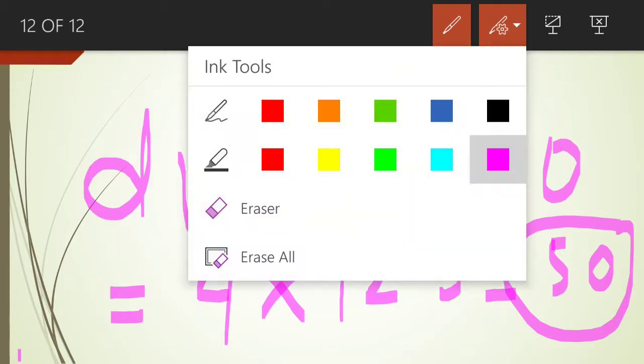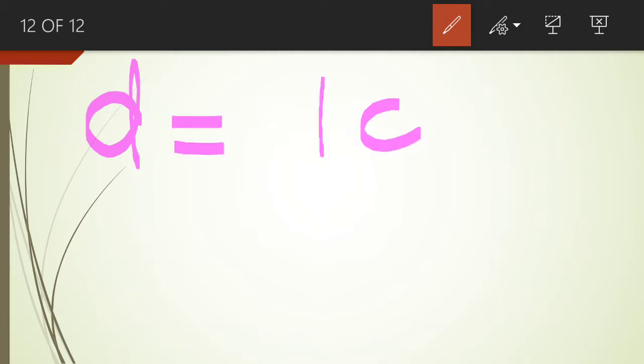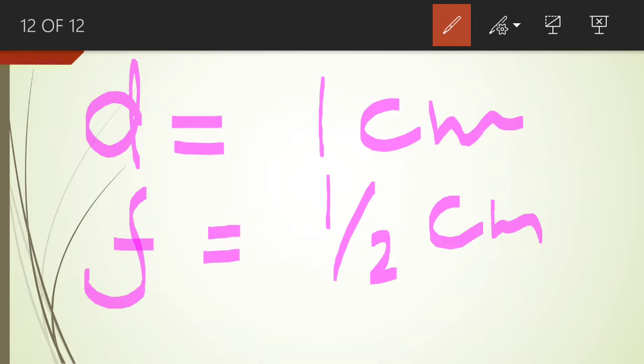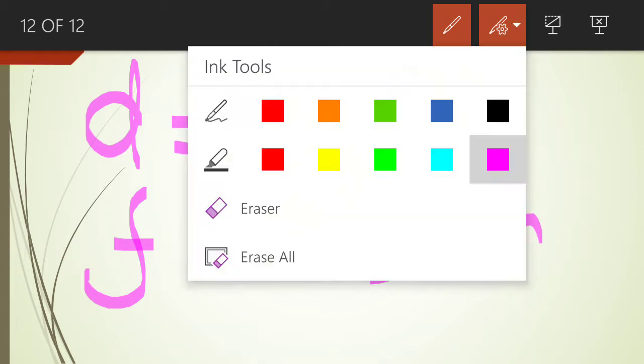So what we do, another numerical example now. So let us consider another numerical example. Let's say the diameter of the photodetector is 1 centimeter. This is the diameter of the photodetector, and the focal length of the spherical lens is 1 by 2 centimeter. Okay. So we calculate tangent theta.